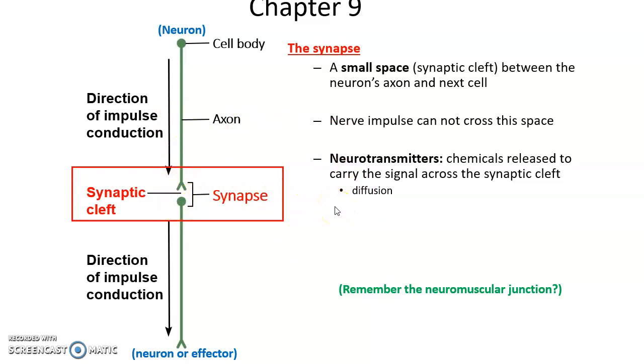Instead, chemicals are released. These are called neurotransmitters. They are released at the end of the axon for one neuron, and then they diffuse across the synaptic cleft and then bind to receptors on the second cell. And this should look familiar. This arrangement is identical to the neuromuscular junction because that was a type of synapse.